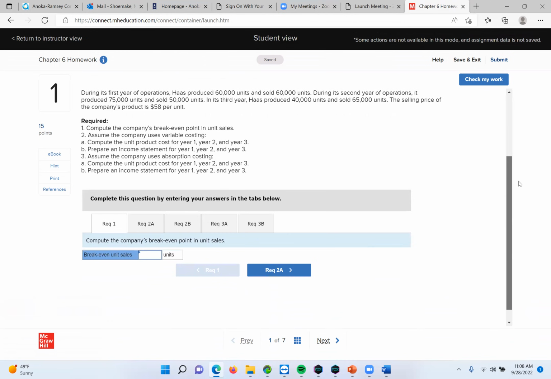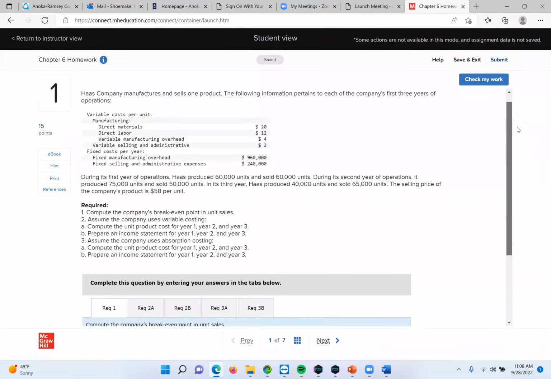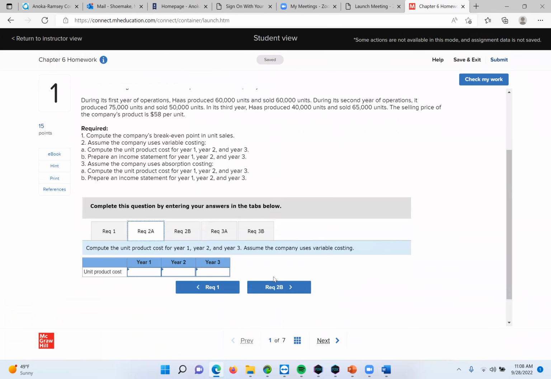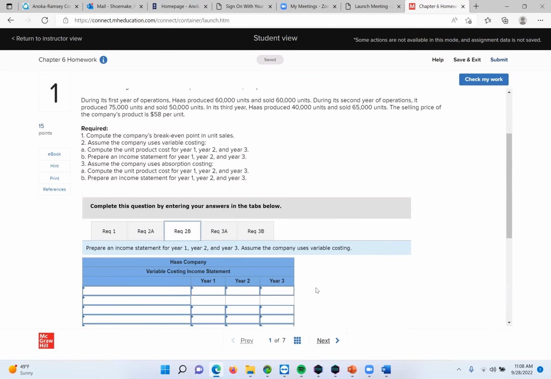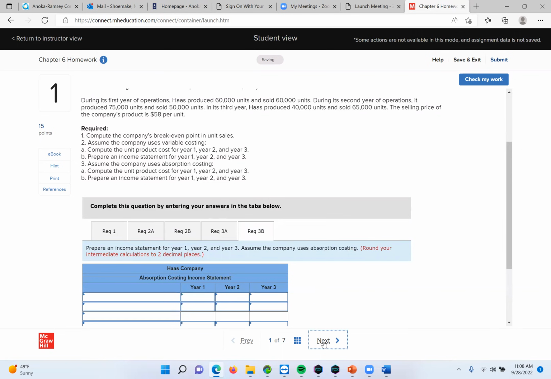Guys, everything you're going to have, we've had exercises just like this on the slides this week. Should be good on that one.